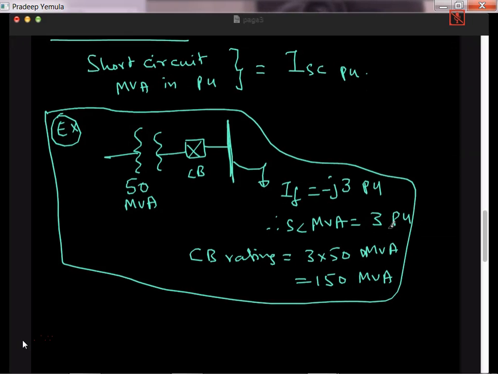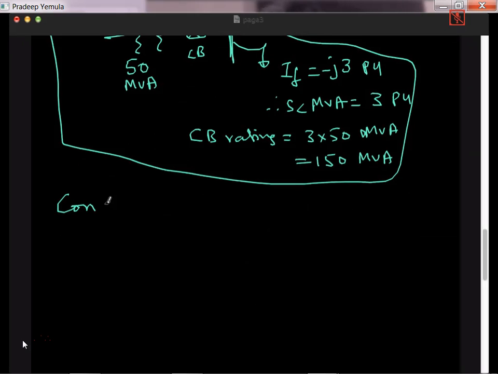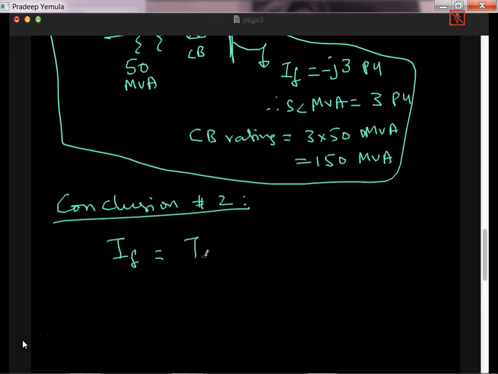Now another thing, let's say conclusion 2. What is fault current, or what is short circuit current? It is nothing but 1 per unit divided by ZTH, the Thevenin's impedance at that bus.